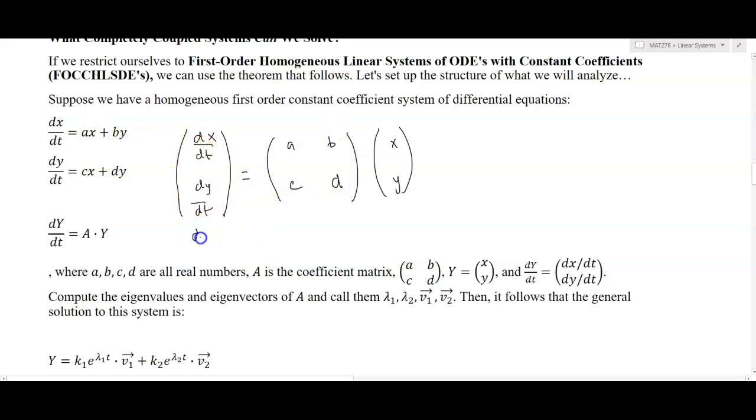So this is just what we're calling the d capital Y dt. This is what we're calling A, and this over here is the non-differentiated dx dt, dy dt, which is just capital Y.